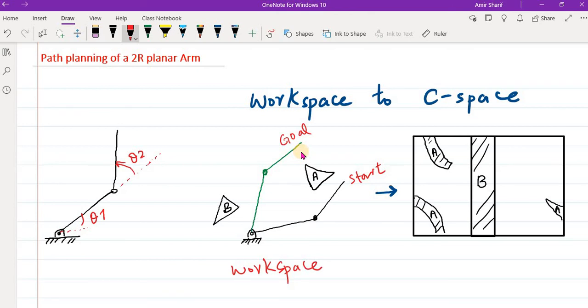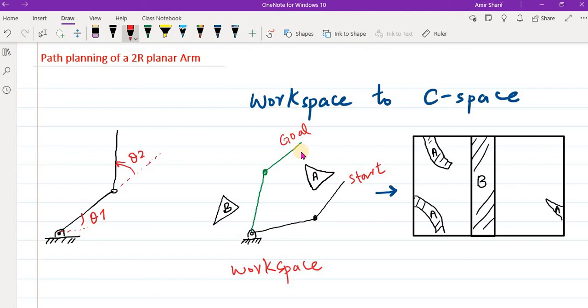Now our goal is path planning or motion planning of this robot. If you look at this figure, how do you think the robot should behave?